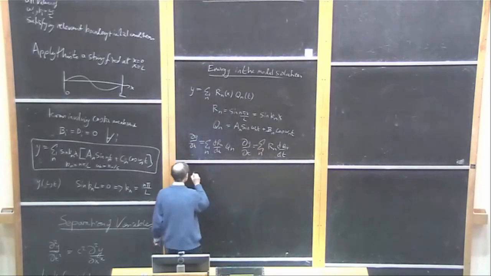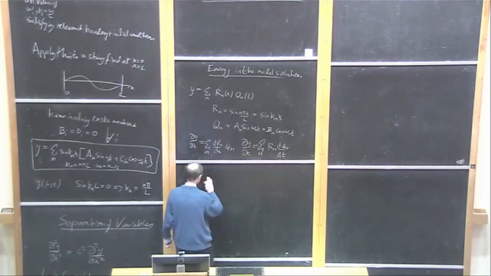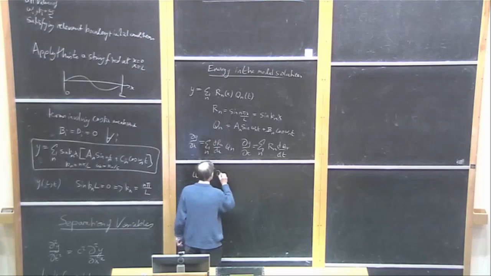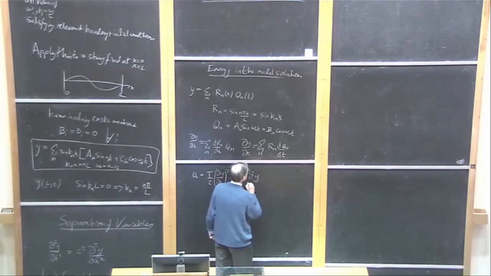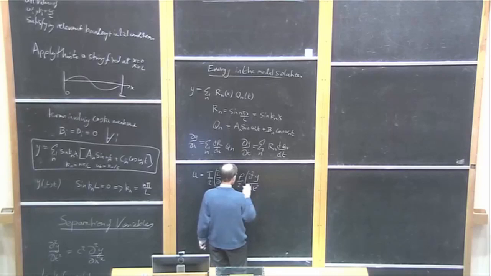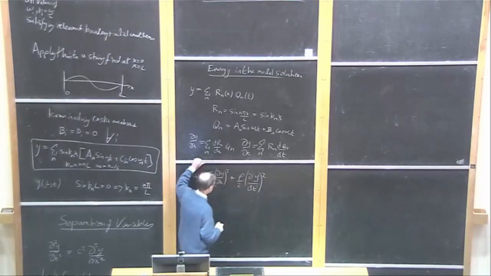So the energy density, U, is the tension times dy by dx squared over 2, plus rho over 2 times dy by dt squared.